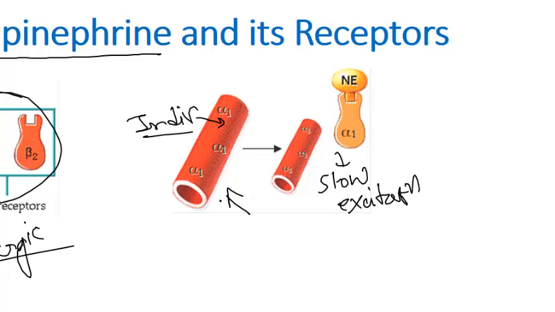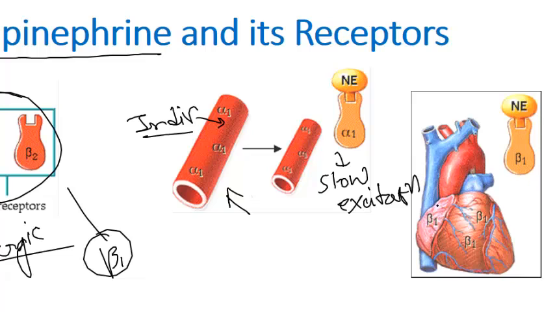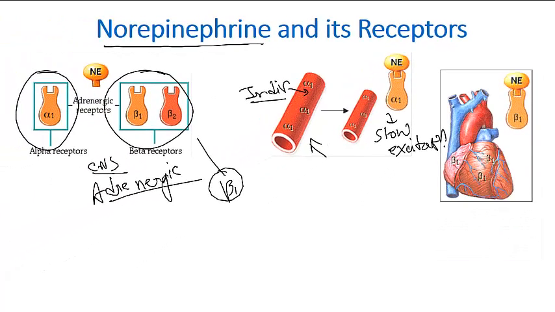Now, as I also told you, there are other types, beta 1 and beta 2. If you look at beta 1 now, beta 1 is another receptor, and when norepinephrine interacts indirectly with the beta 1 receptor, which is mostly in the heart, it produces a slow excitation, and in this case it will allow the heart rate to increase, because this is also a slow excitation.